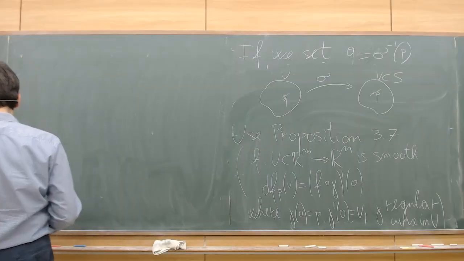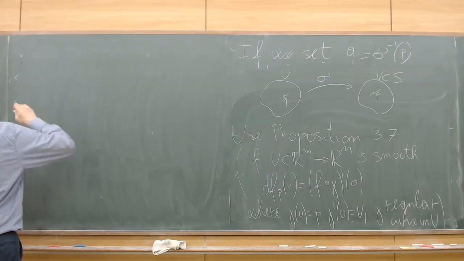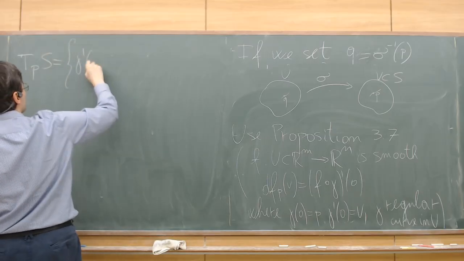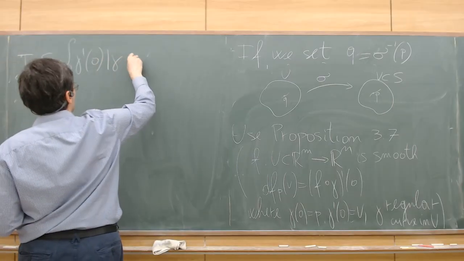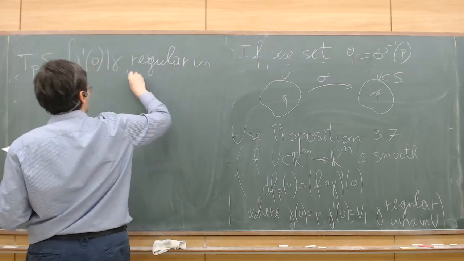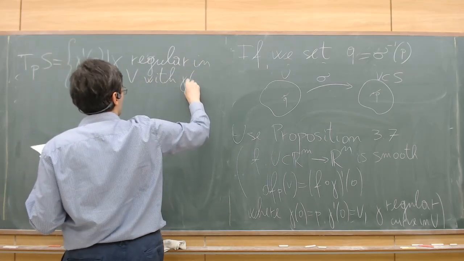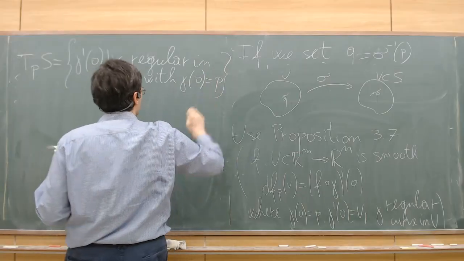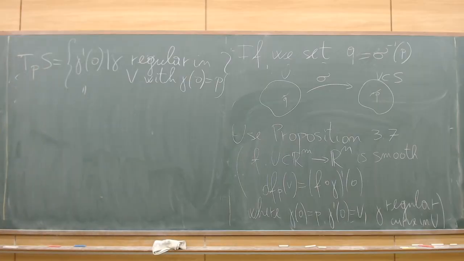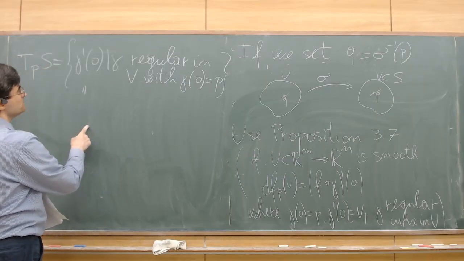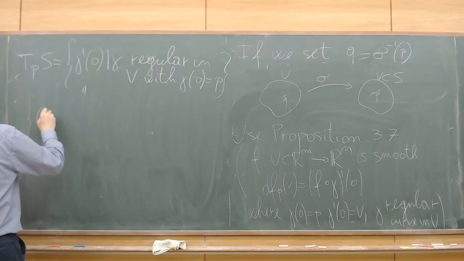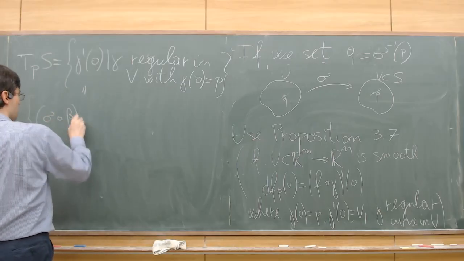Okay, let's start from TPS. So TPS by definition is gamma prime 0 such that gamma is regular in V with gamma 0 equal P. But according to what I erased, this is sigma composed with beta prime at 0.